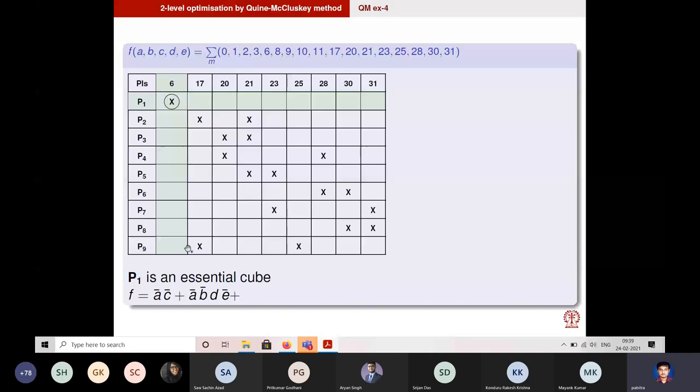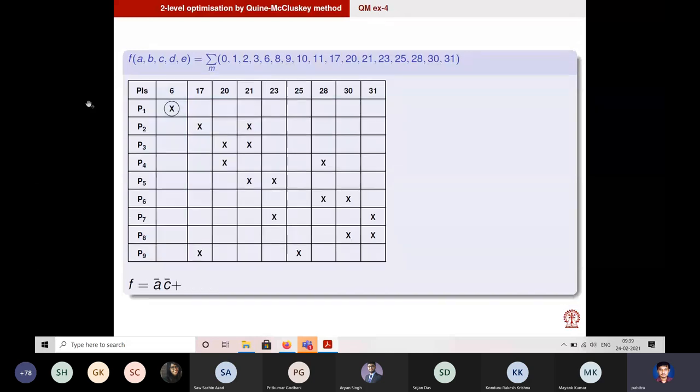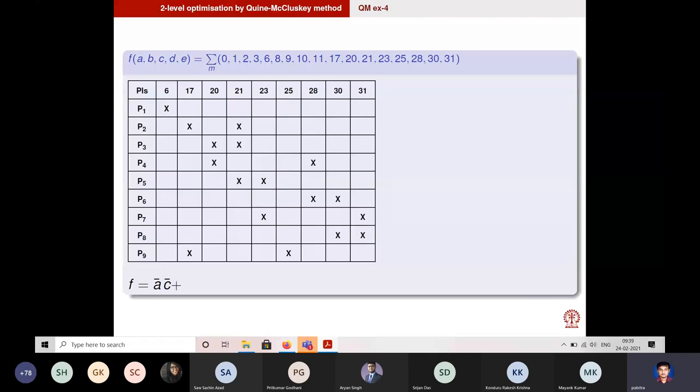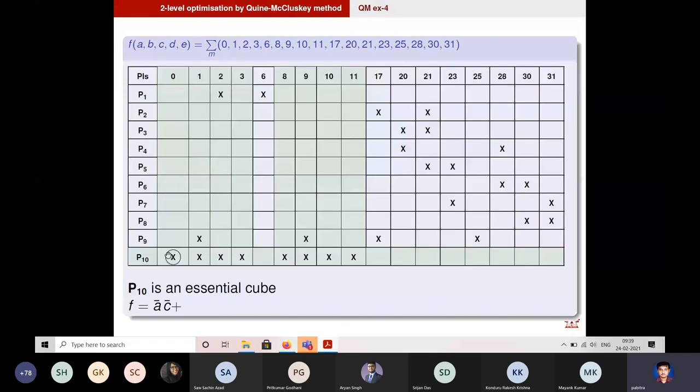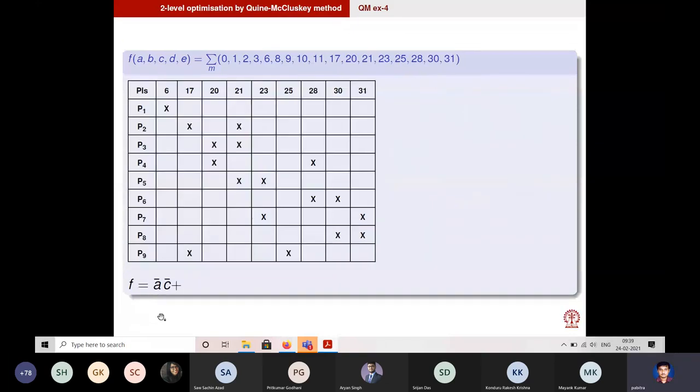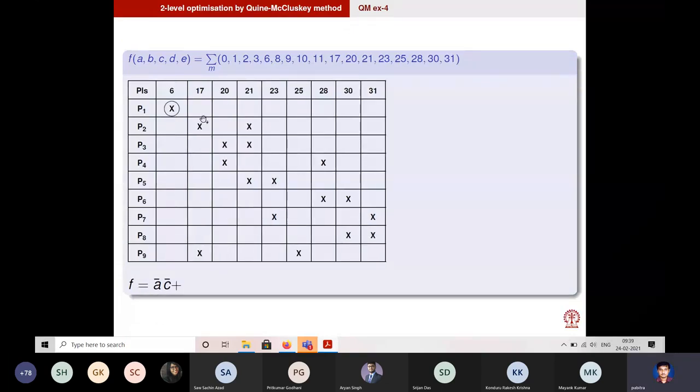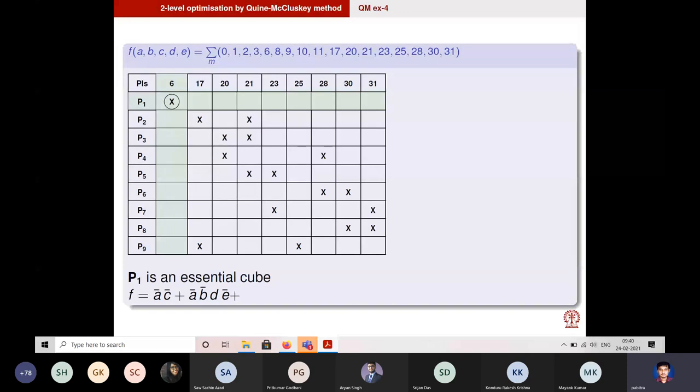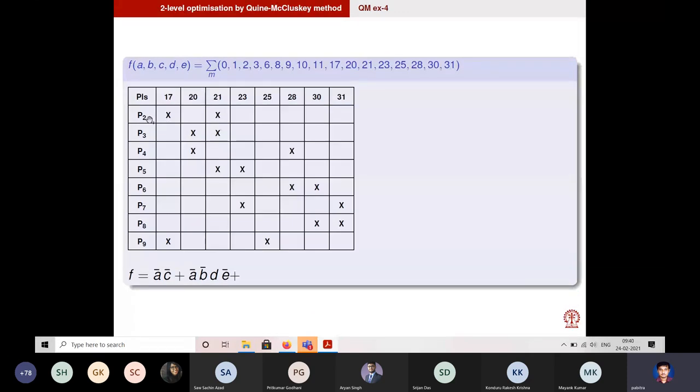In fact, since P1 will always be there, I can drop this row also. So that's what I forgot to mention. See here, you can drop the P10 row because I have already included it. So I drop P10, I drop P1. So this is my reduced table. I have P2 to P9 and only the columns that are not covered by P1 and P10.